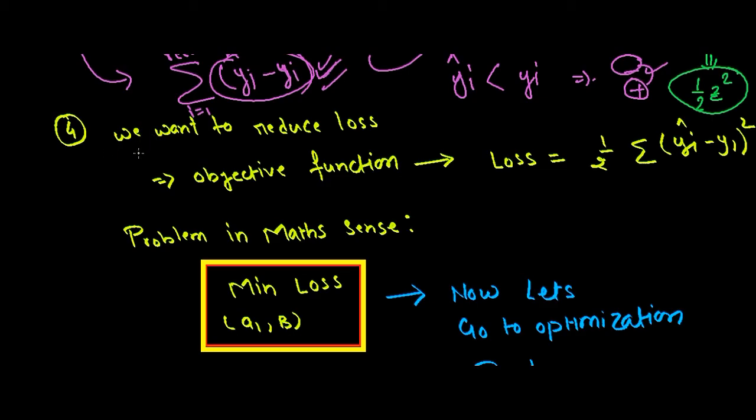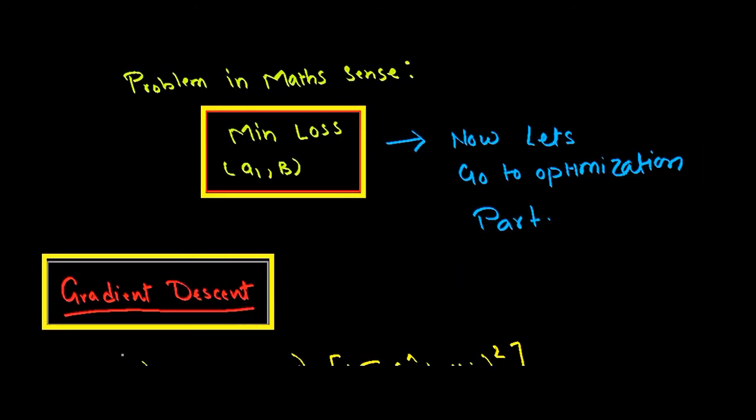Now after we got the loss function, we want to reduce the total cost, that is, we want to reduce the loss function. So our objective is this loss function, and the math problem becomes the minimization of loss with respect to a1 and b.